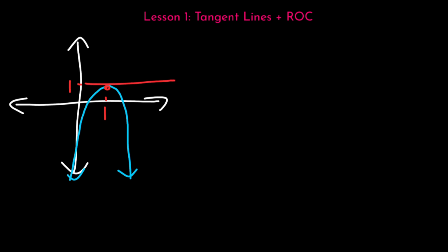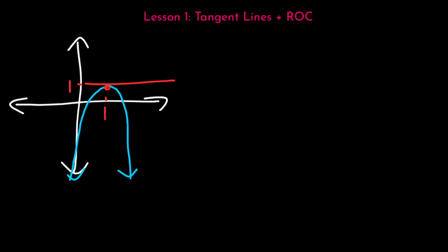Okay? We're basically putting a linear function on top of our quadratic. So what's the slope at this very tip, the vertex of this quadratic? It's 0. So the slope of the tangent line is 0.